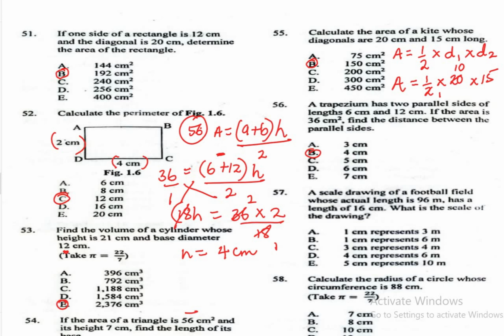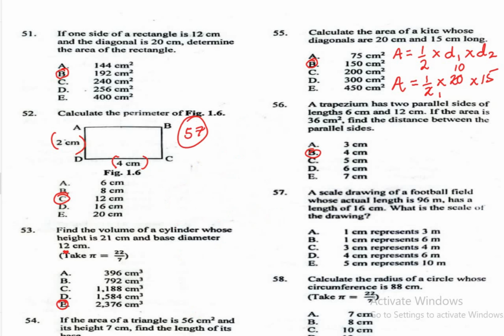Question number 57. A scale drawing of a football field whose actual length is 96 meters has a length of 16 centimeters. What is the scale of the drawing? Let's solve. The football field whose actual length is 96 meters has a length of 16 cm, all right?